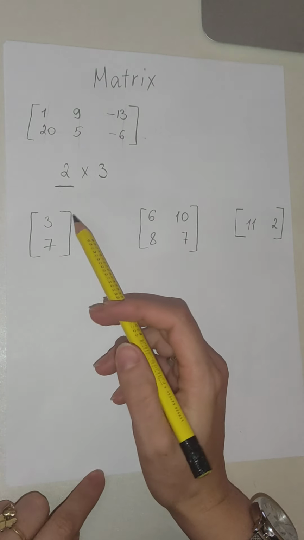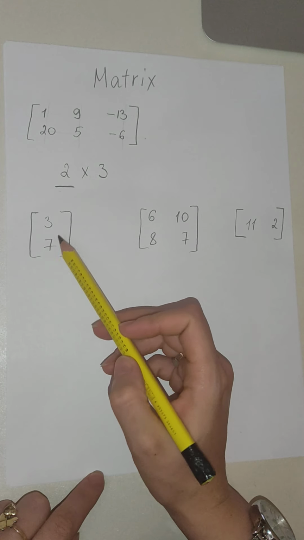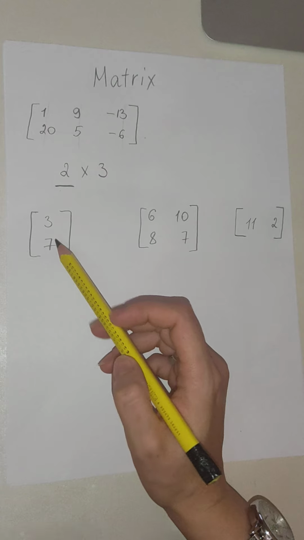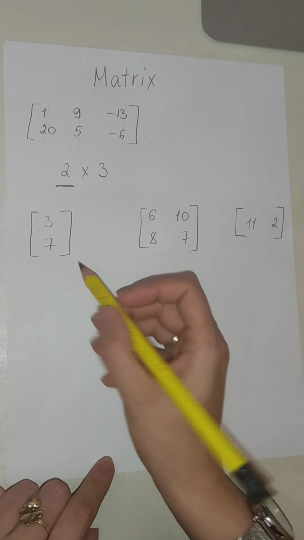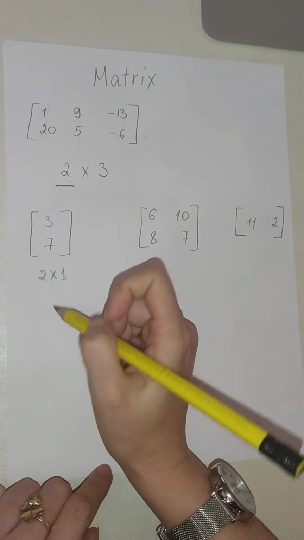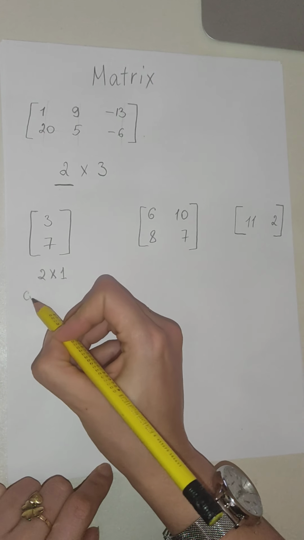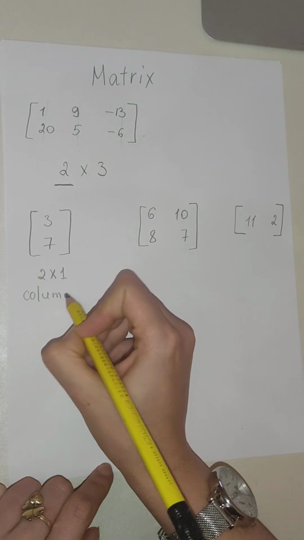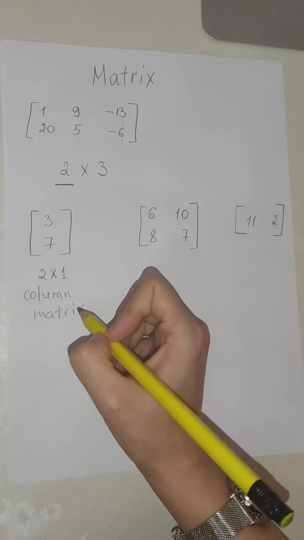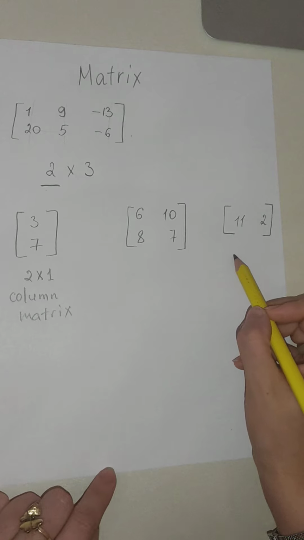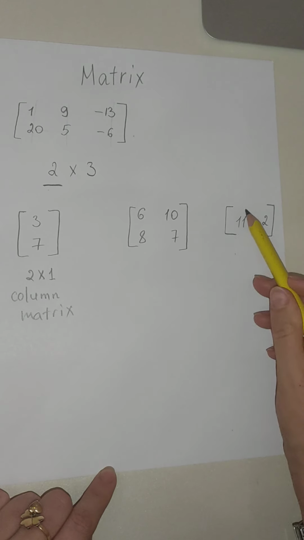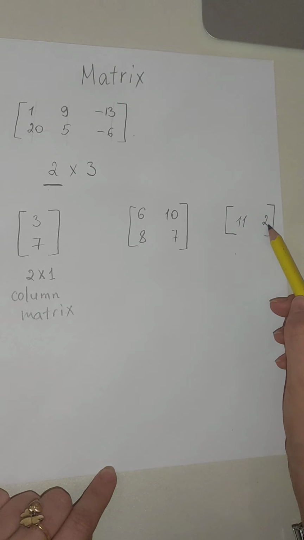If the matrix has 2 rows and 1 column, it is a column matrix. This matrix is 2 by 1 and it's called a column matrix. And this one is called a row matrix because it has 2 columns and 1 row.